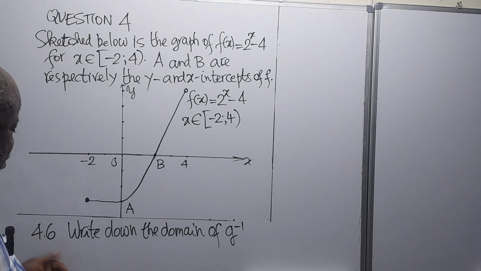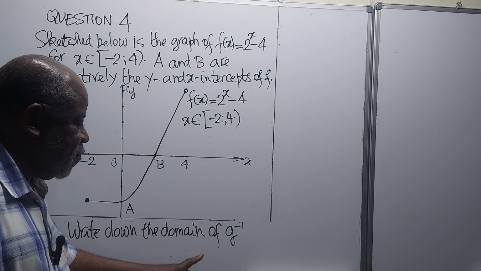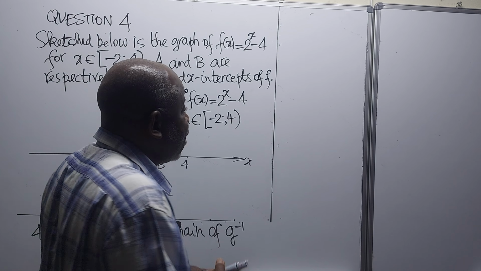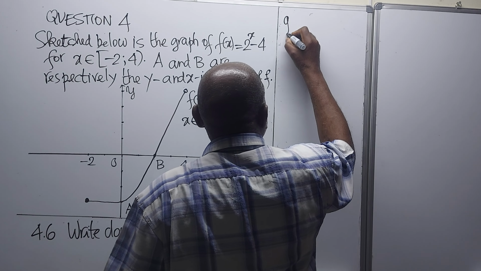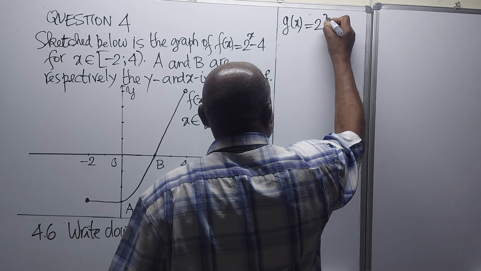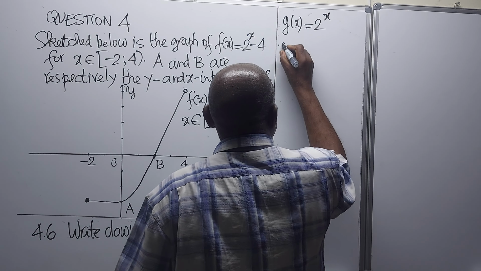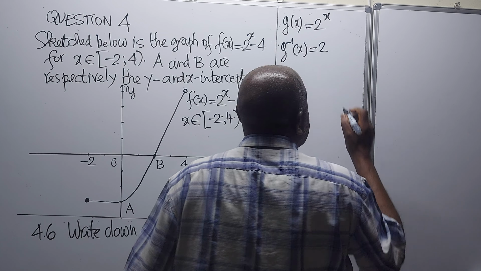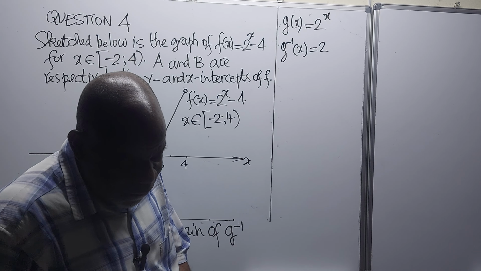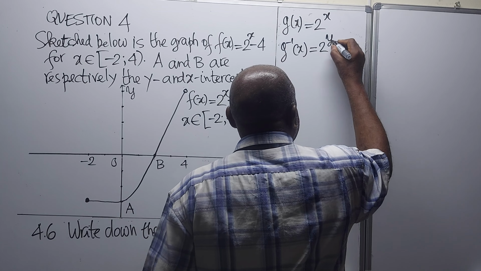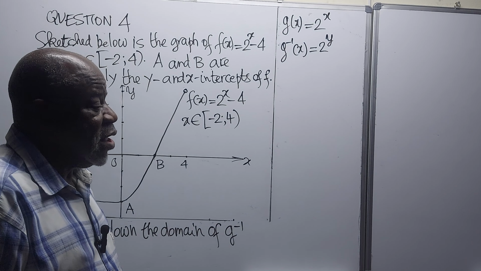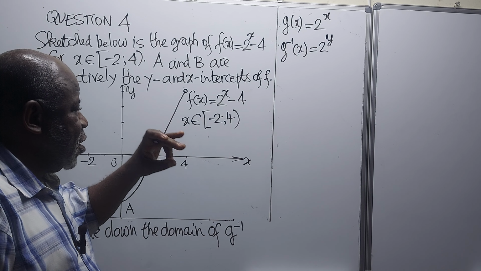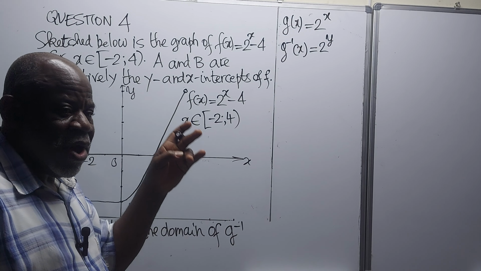Okay, the next question is 4.6. Write down the domain of g negative 1. G negative 1 is the inverse of g of x. Remember, we got here that g of x is equal to 2 to the power of x. So g negative 1 of x is going to be 2 to the power of y. Because remember, when we are getting the inverse of a function, we'll be substituting x by y.